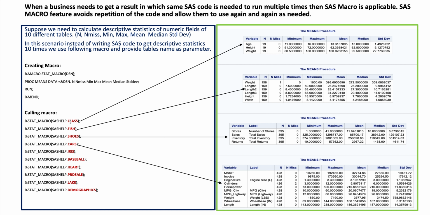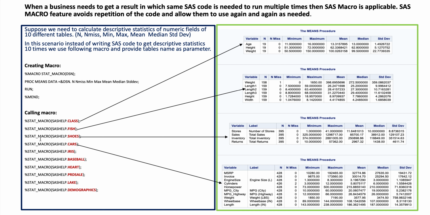We have 10 different tables. All tables lie inside the SASHELP library. That's why we just have to change the dataset name. Those 10 tables are as follows: class, fish, shoes, cars, iris, baseball, heart, prdsale, lake, and demographics.